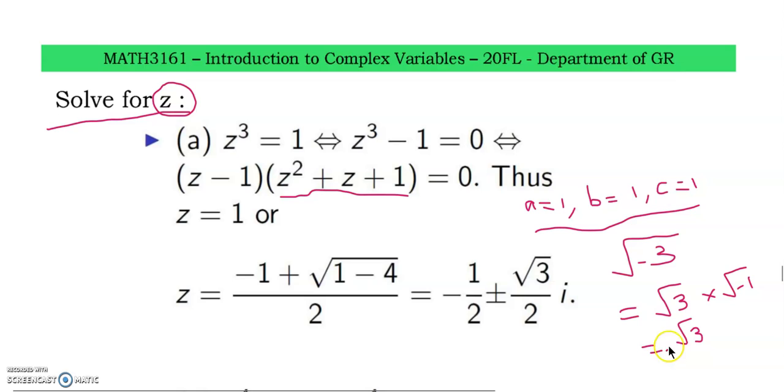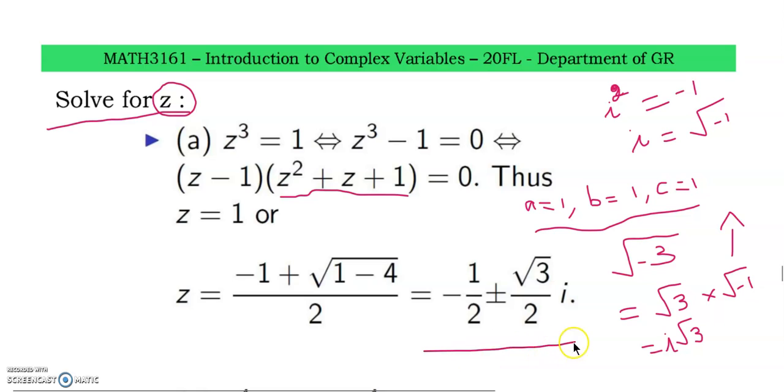So here I can put i in front of root 3. You remember this, i squared is equal to minus 1, it's not z. So i is nothing but square root of minus 1. So I can write the square root of 1 minus 4 as square root of 3 times i, divided by 2.